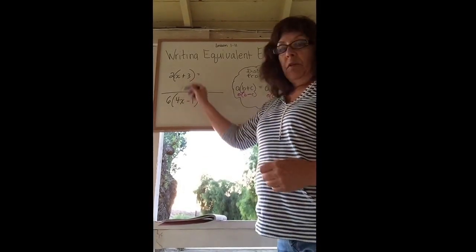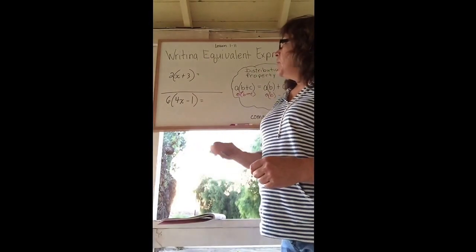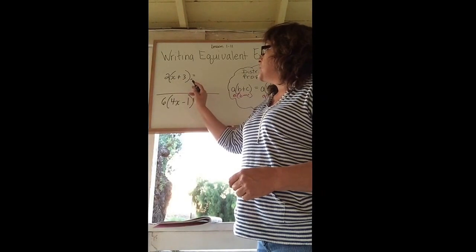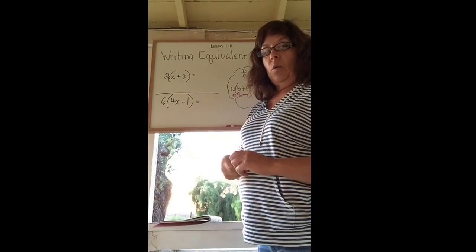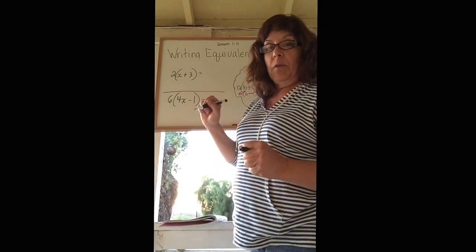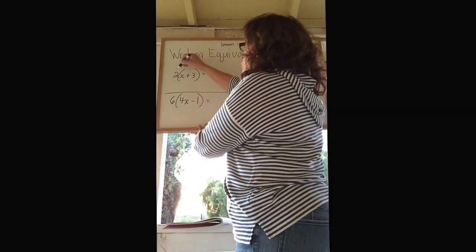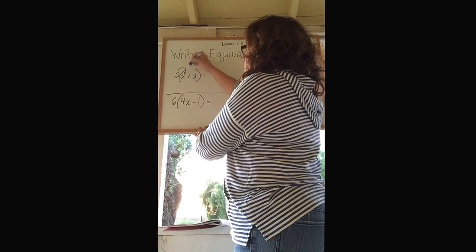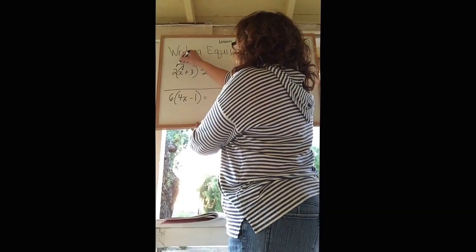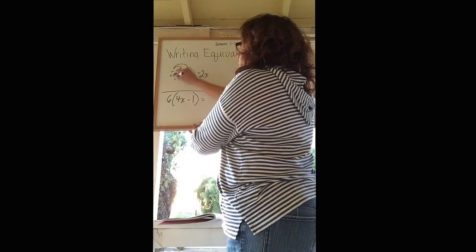So I have 2 different problems up here we're going to work. The first one is 2 times the quantity of x plus 3. We need to write an equivalent expression for that. Using the distributive property, we're going to distribute the 2 to the x and get 2x, and the 2 times the 3.